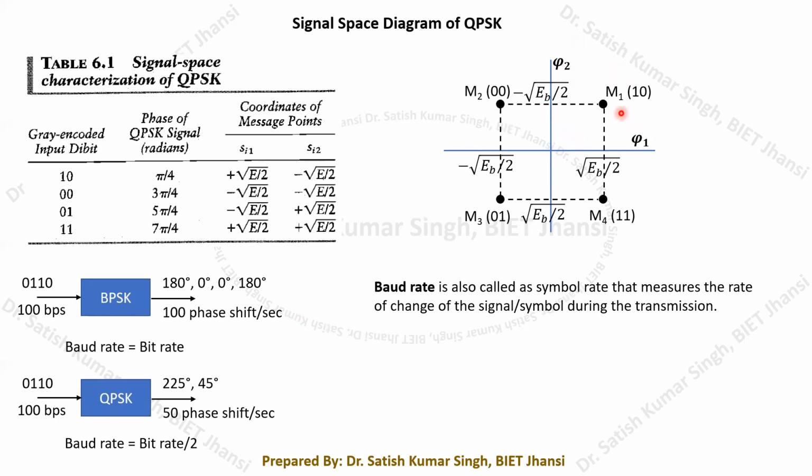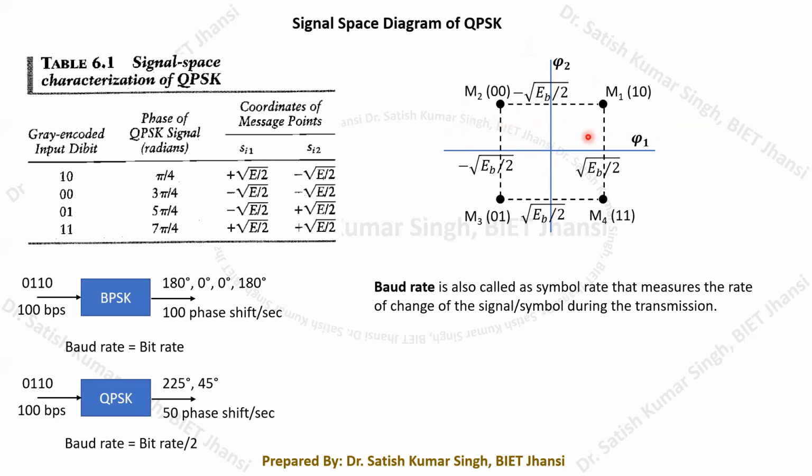Any magnitude that is detected within this first quadrant will be considered as message point 1. Similarly, for message point 2, this entire second quadrant will be our region 2. Remember that this is our decision boundary.